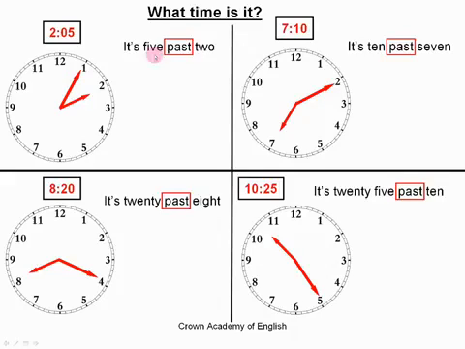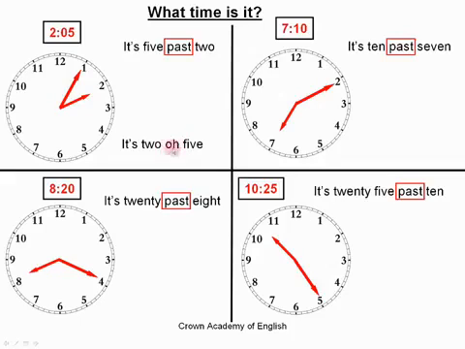Now, this is the first method of telling the time, but there is also a second method. So we can also say it's 2:05. This is another way of saying the time. So this time we say the hour and then the number of minutes.